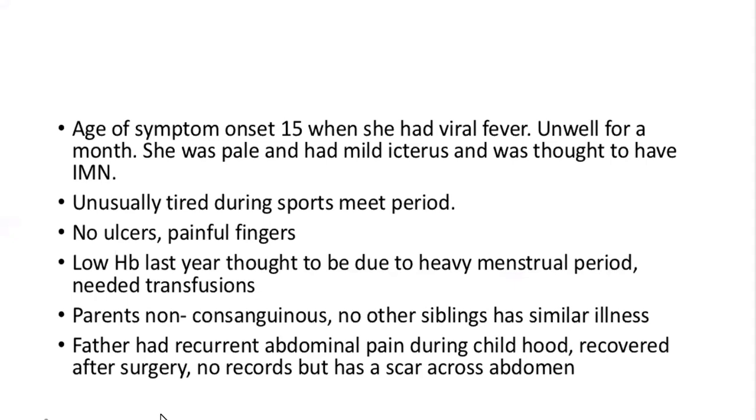Most likely the father has the same illness and probably had his spleen removed, and this is an autosomal dominant inheritance of a hemolytic anemia. So someone already said it could be hereditary spherocytosis, right?